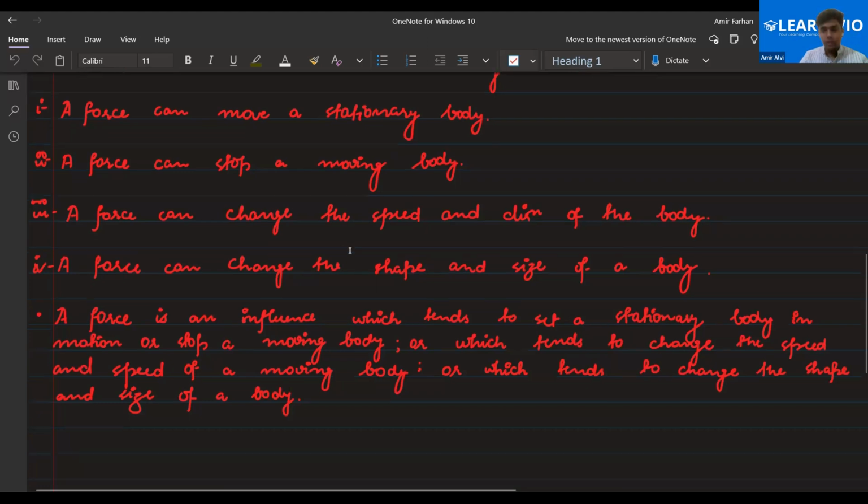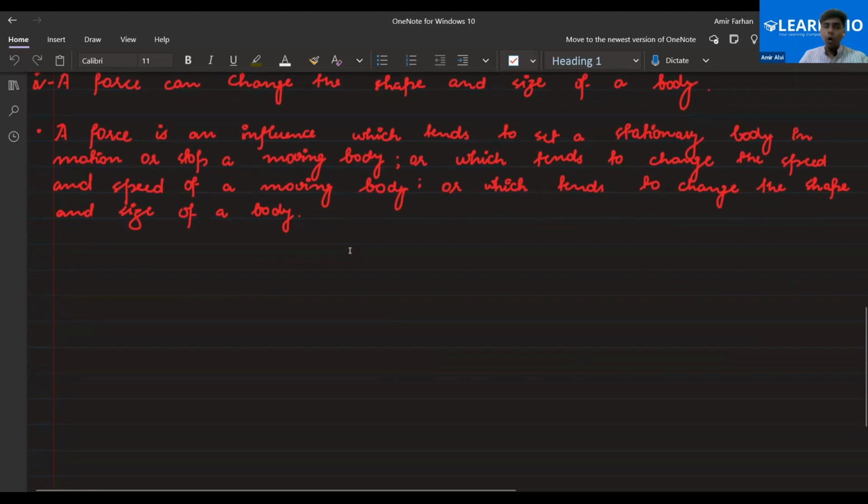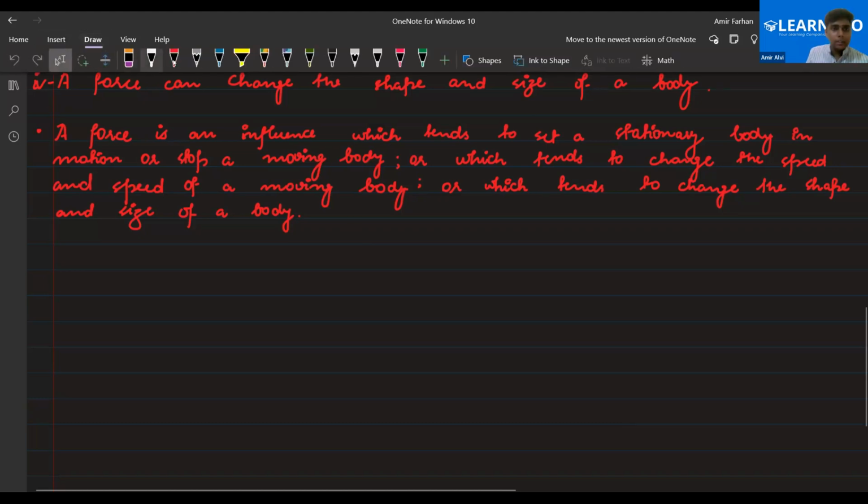Next thing. In simple words, if we talk about the effects of force, a force is an influence which tends to set a stationary body in motion, or it can stop a moving body as well, or which tends to change the speed and direction.